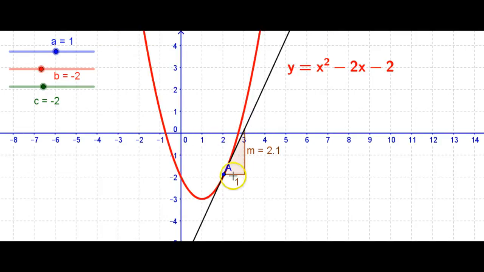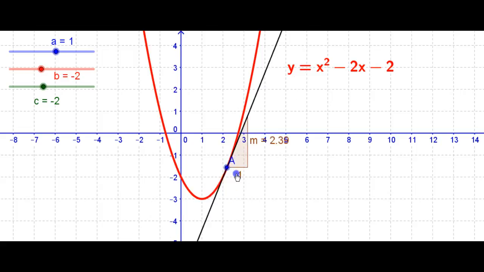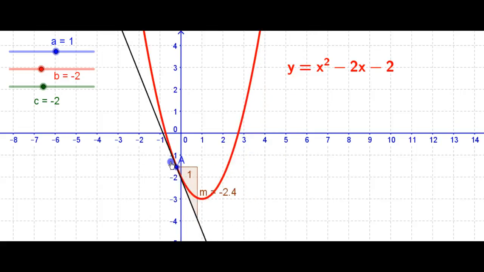Okay, so the slope of this line, or the gradient of this line, you can see that it is now -2.1. So as the tangent moves, the gradient changes.